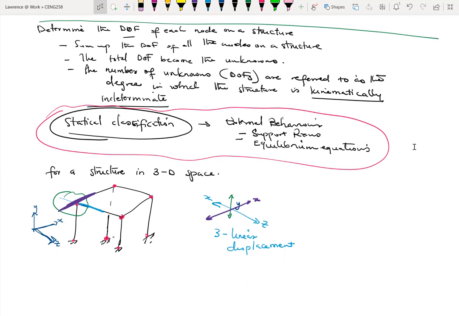All right, so it can rotate about the x-axis. It can also rotate about the y-axis. It can also rotate about the z-axis. So whilst it's having three linear displacements, it also has three rotational displacements.